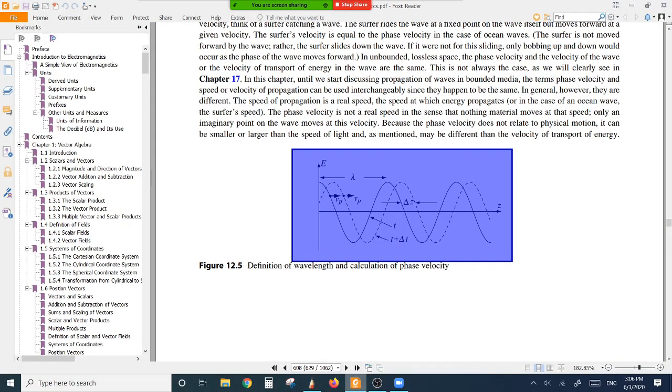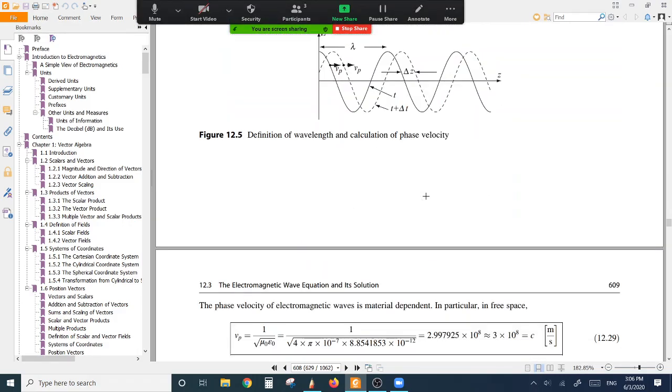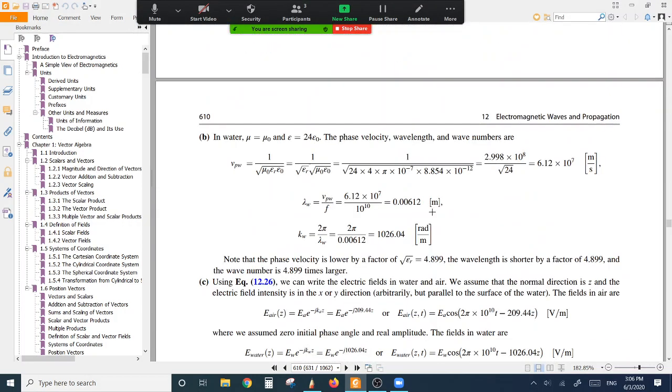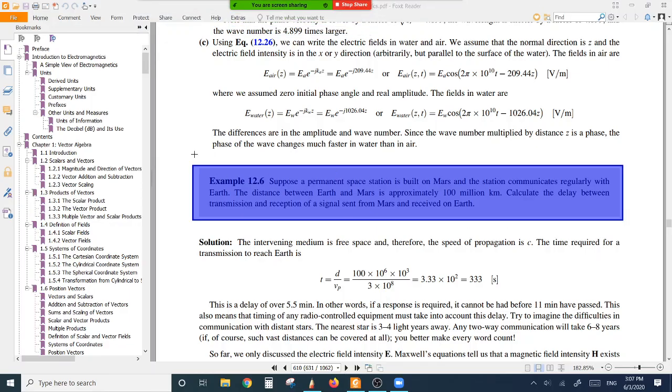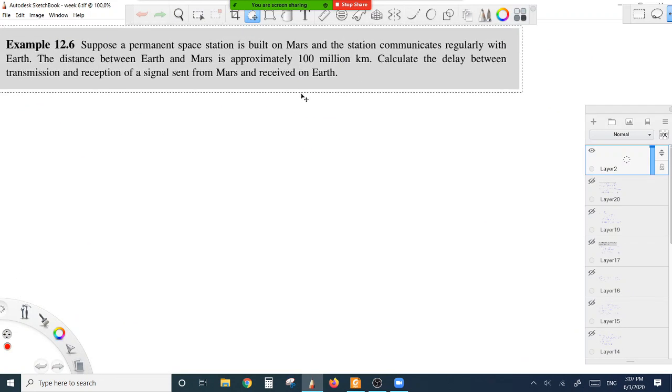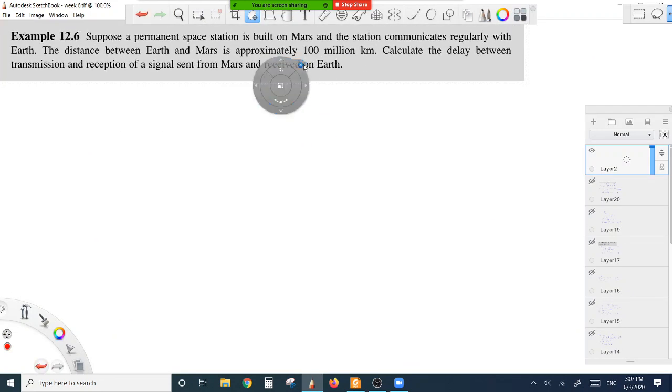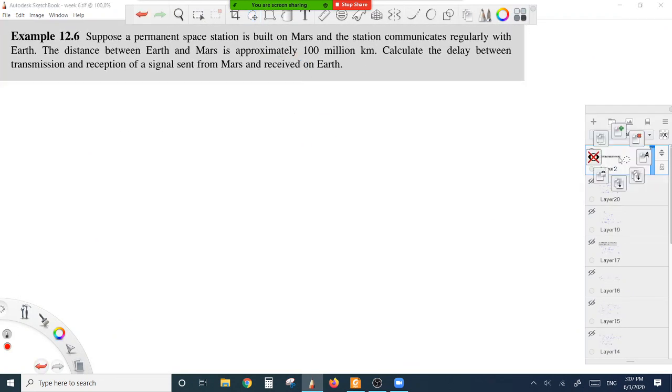This is one very simple example. I think it shouldn't be difficult for you. Suppose a permanent space station is built on Mars and the station communicates regularly with Earth.